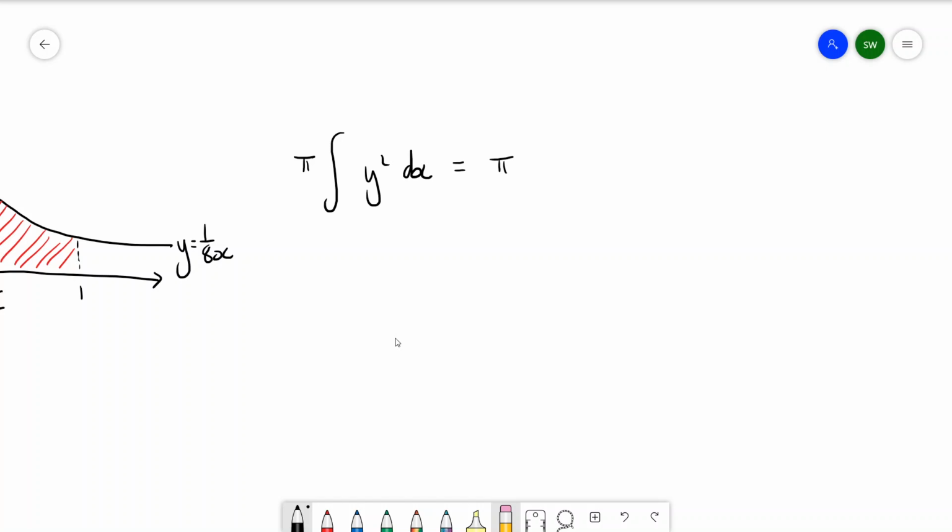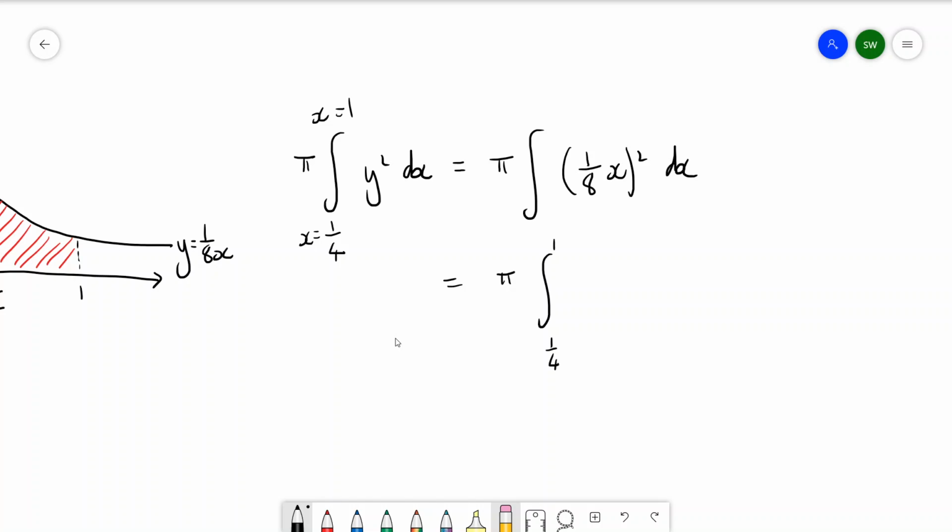So we're going to have pi integral of 1 over 8x squared dx. I've forgotten the limits of my integral, from x equals a quarter up to x equals 1. So we're going to have 1 over 64 x squared, with the x squared on the bottom, dx.